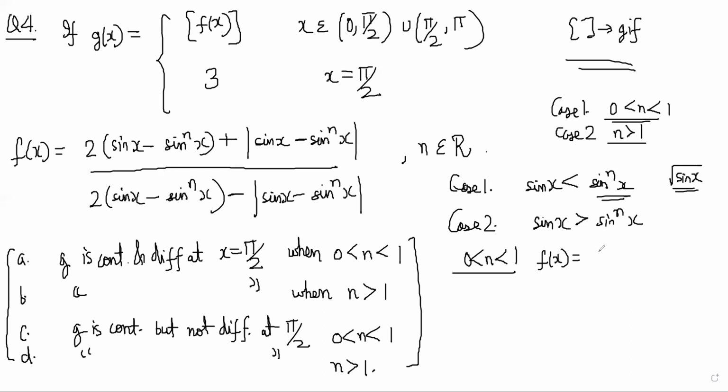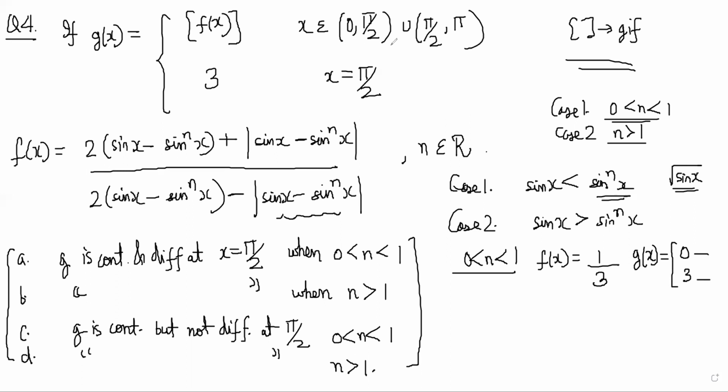So for 0 < n < 1, f(x) becomes, the top part is negative, so it is 1 by 3, right? Because this part becomes negative, so plus. And g(x) is therefore now becoming the greatest integer of f(x), which is 0 and 3 in these two intervals.